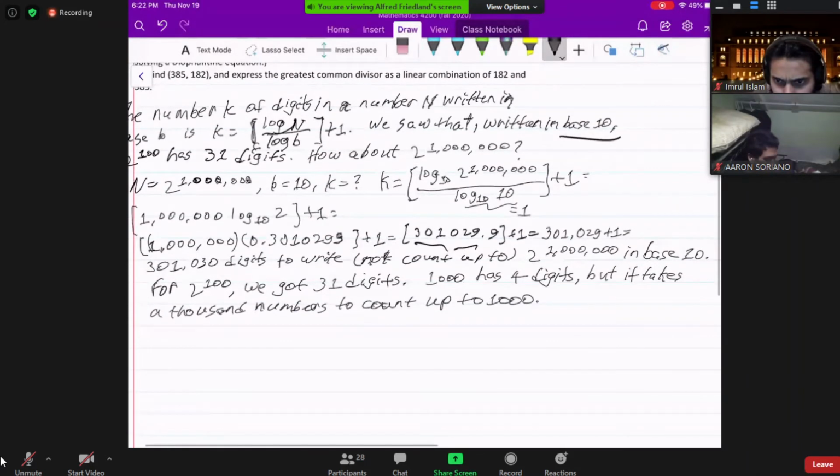Now, just to gain some idea of the magnitude of these numbers, what does this even mean? 31 digits, or over 300,000 digits?